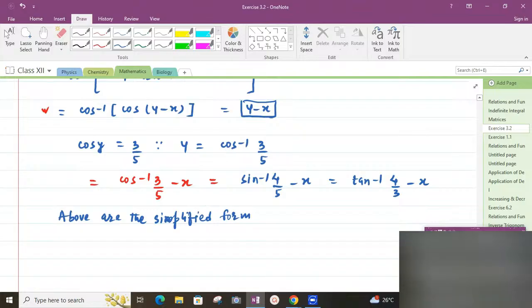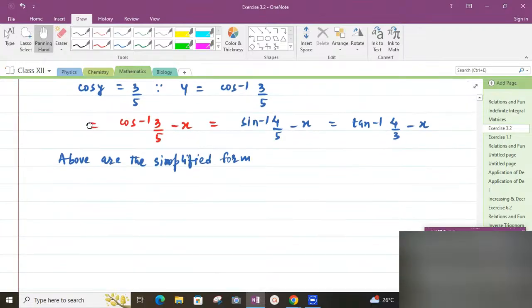Hope that there is no problem to understand this solution. Next question I will solve in the next class.